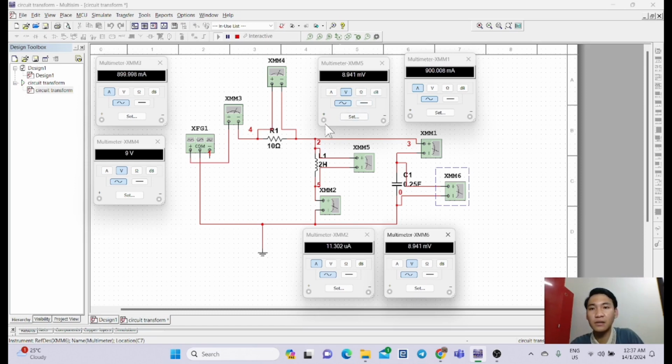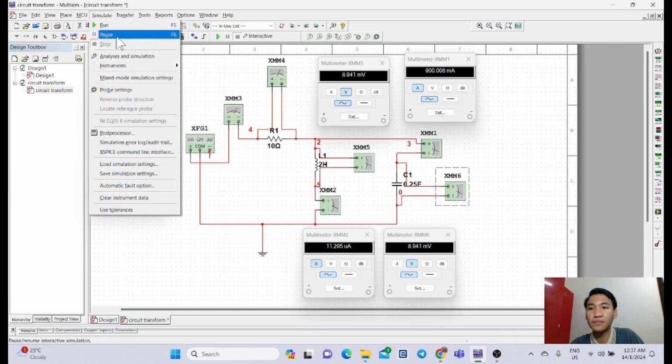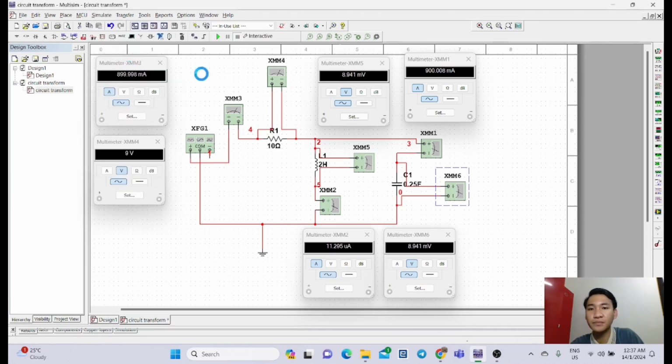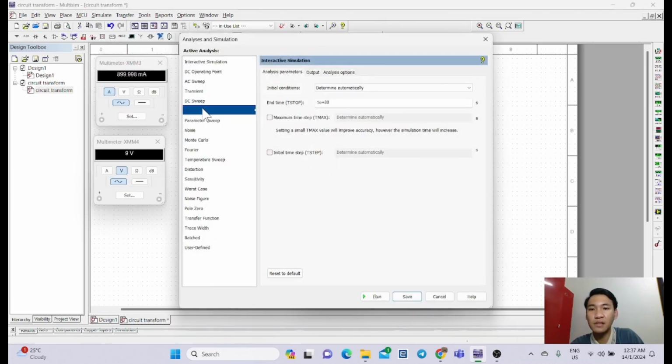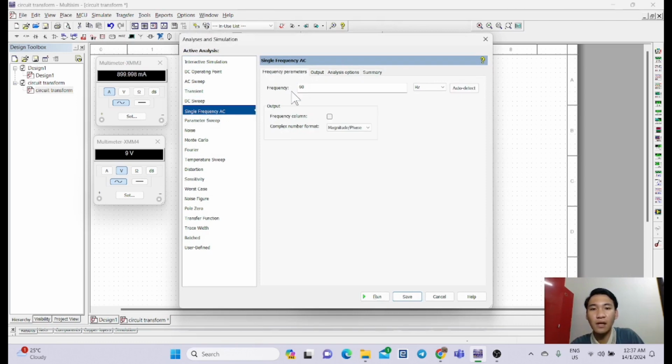Another method, if we want to determine the values for current and voltage, is to set up here, which is simulate, analyze and simulation. And then we choose single frequency AC. Our frequency is 60 Hz. Complex number is magnitude per phase. And then we run our circuit.